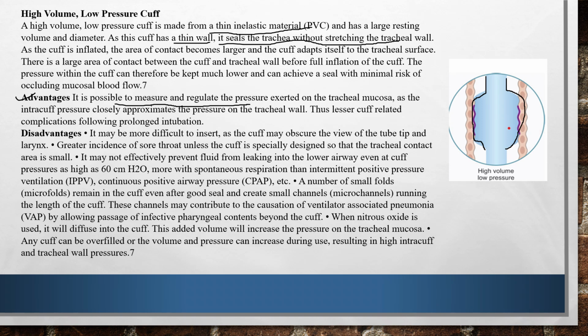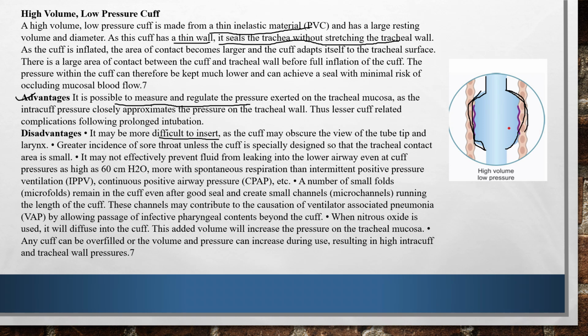And the disadvantages of this cuff are that as it has a larger volume and contains more area, it's difficult to insert into the trachea, it obstructs the view of the larynx, and it can cause sore throat. It can't properly prevent aspiration.